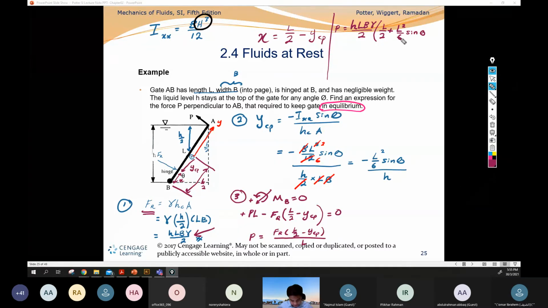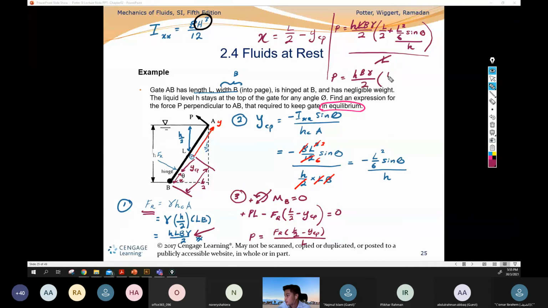This is H, over L. Can you simplify further, everyone? Yes. Okay, so we can simplify further. From here, you can simplify L with L. So you can say that P equals H B gamma over 2.